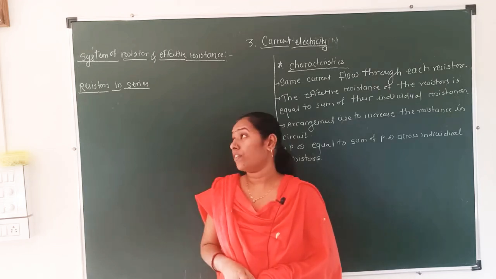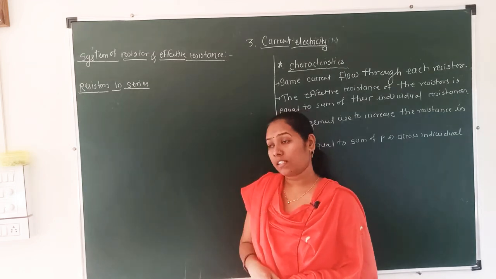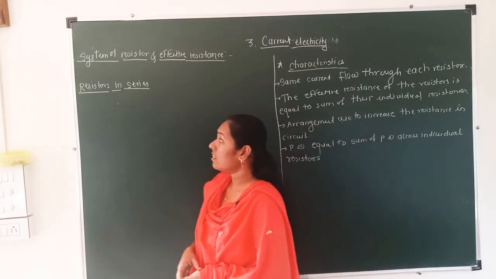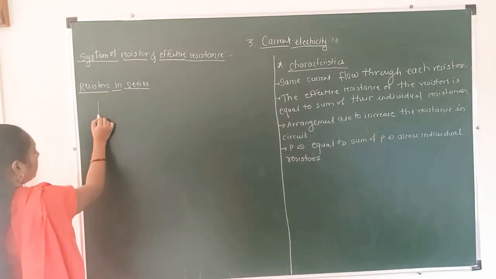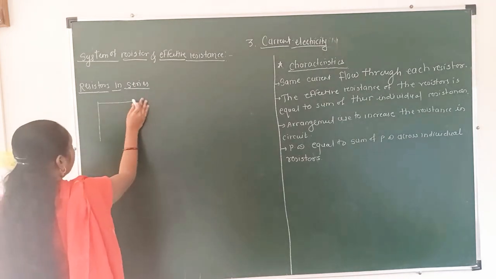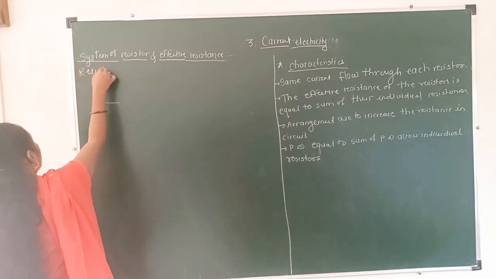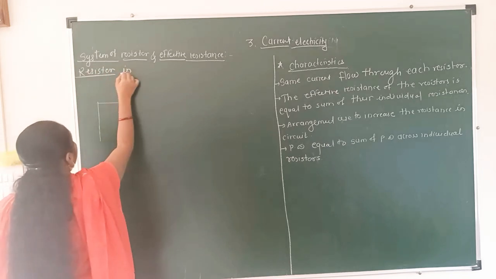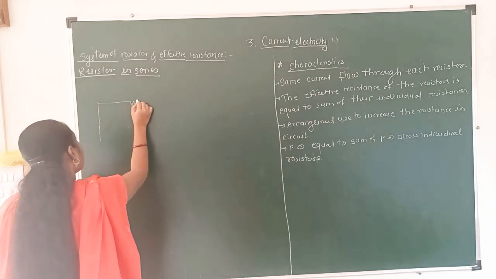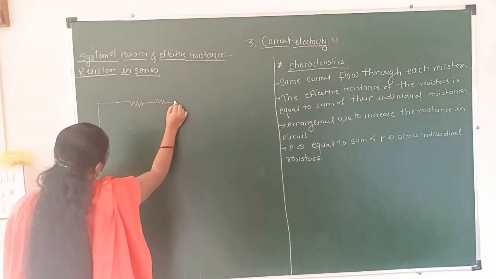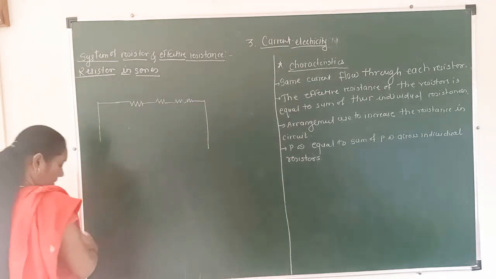First of all, I am now going to draw a circuit diagram for resistors in series. See how the diagram is drawn. Three resistors are connected in series.